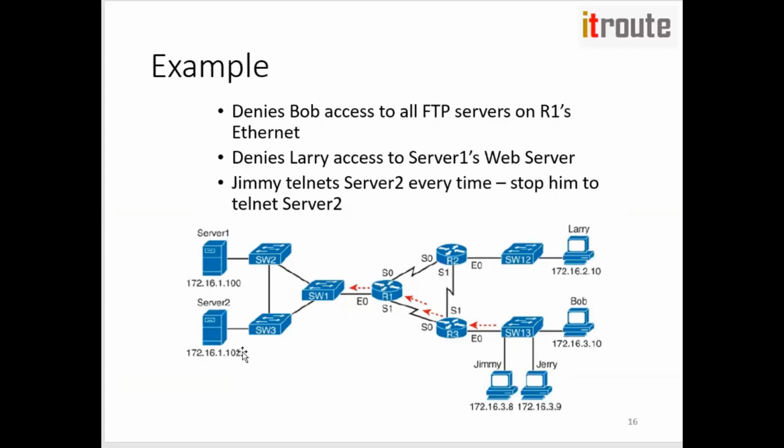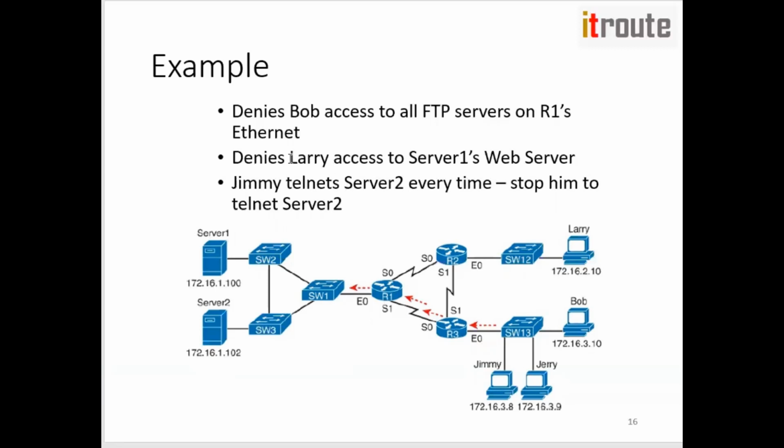Do you know which one is the FTP server? Not sure, because it's not written here. It's saying just servers. But what is the FTP port number? 21, yes. So if you want to control this kind of scenario, we can use the port number.